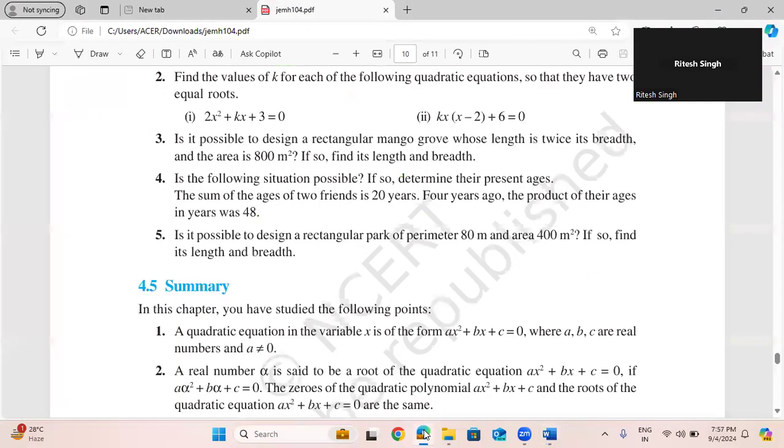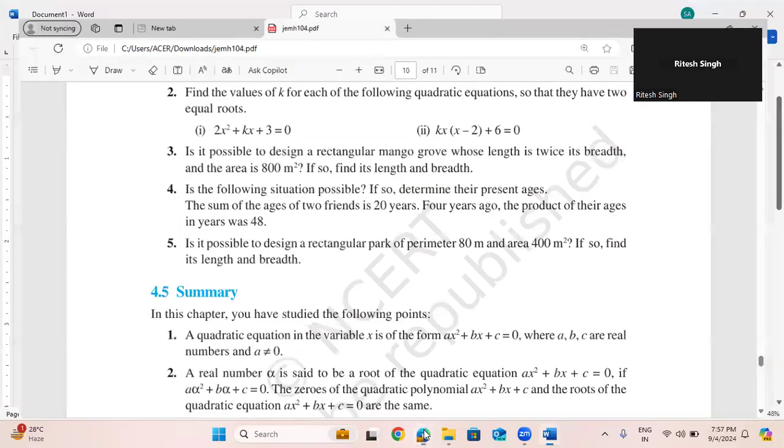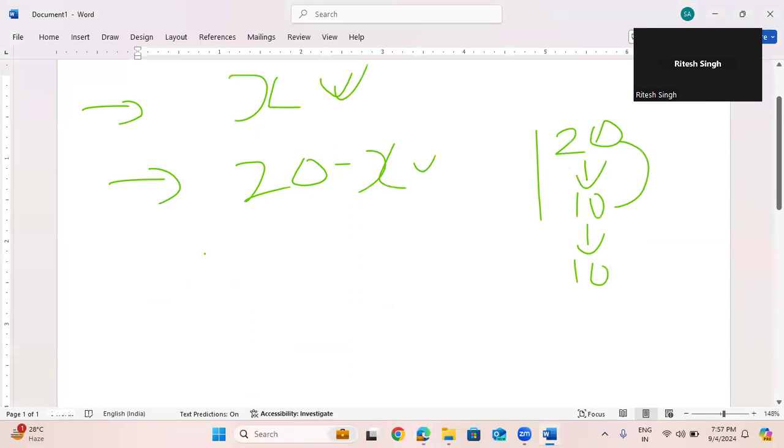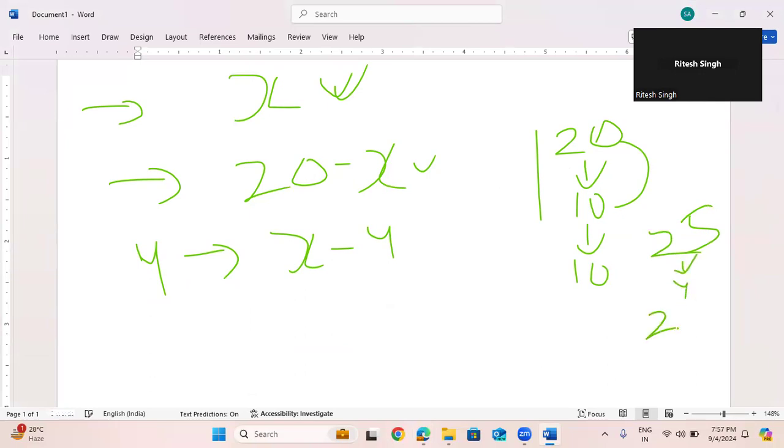Now what can we do? It is saying 4 years ago the product of their ages was 48. So 4 years ago, what will be his age? His age is x minus 4. How? If I ask you, if my age is 25, what is my age 4 years ago? We will simply subtract 4 and get 21.